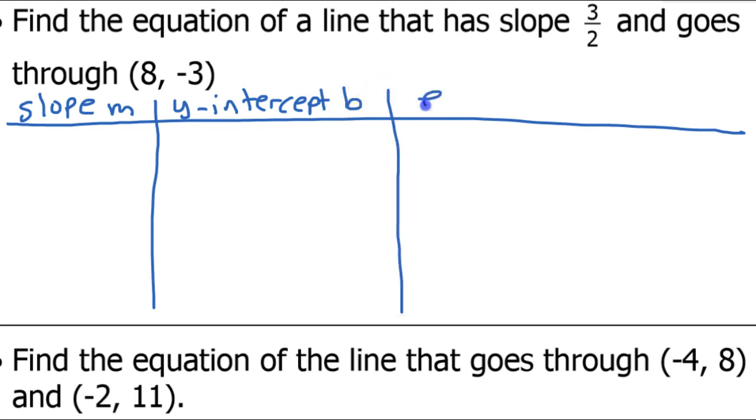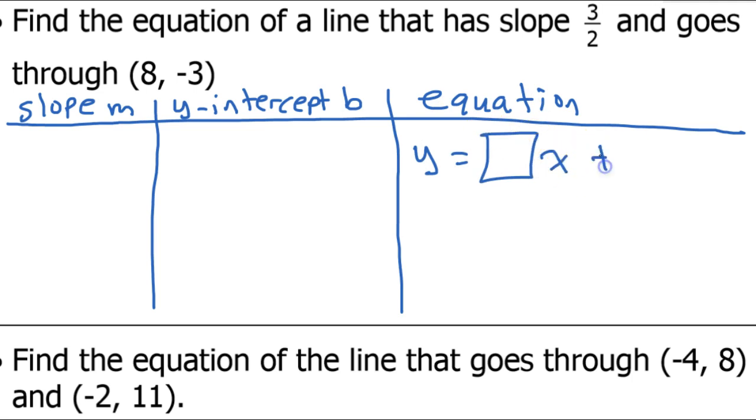And then in the third column, I write the equation. The equation always goes y is equal to something x plus something. This is called slope-intercept form because the first box will have the slope and the second box will have the y-intercept, which is what we're going to find in the first two columns.